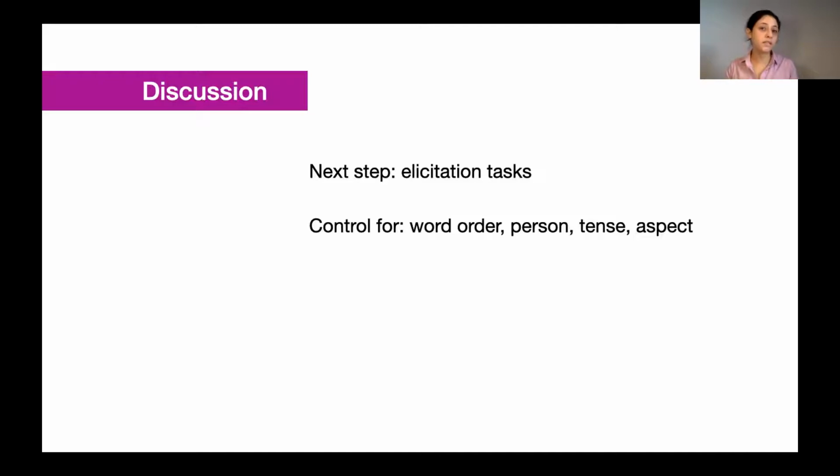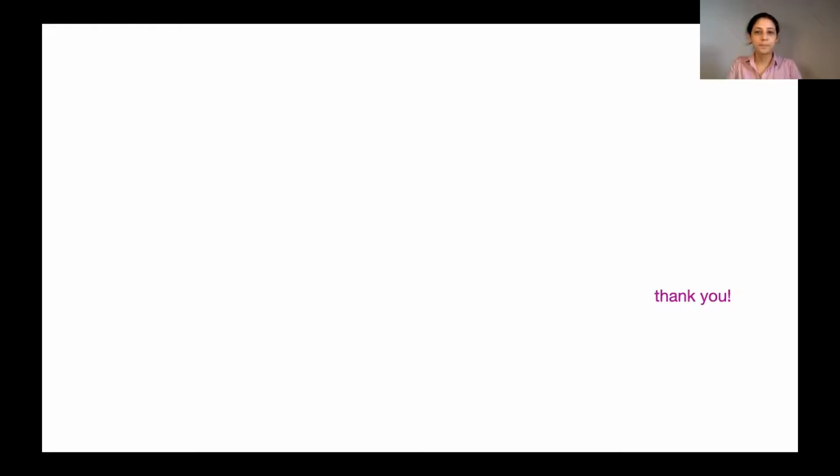It is, of course, relevant in Spanish. That has been tested in Spanish. Person, tense and aspect as well. And if you have any more ideas and other factors that I should control for, of course, these suggestions and comments are welcome. So thank you very much for your time.